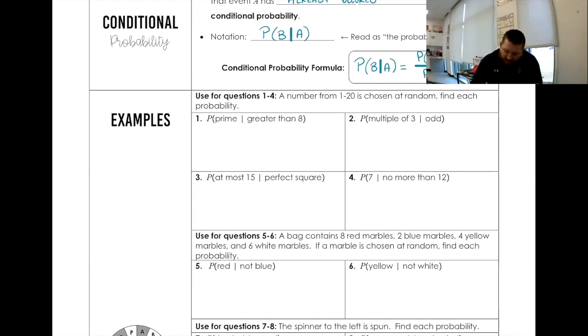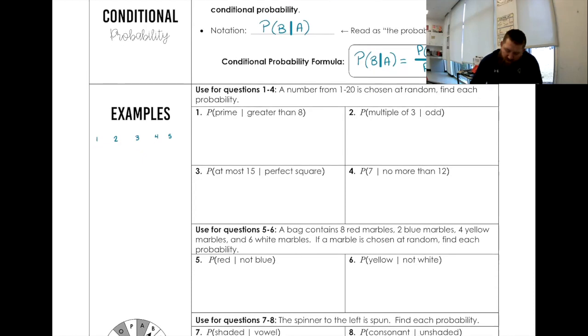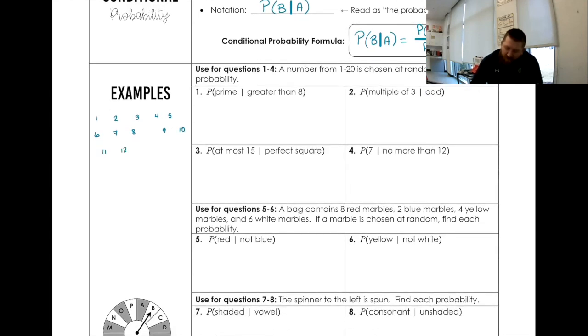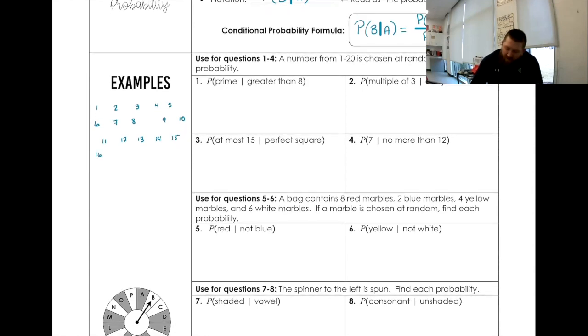Let's go over here to the side and write out all our numbers, 1 through 20. I'll try to stack them up nice and neat, but it looks like I've already lost my line integrity, and that's okay. Just make them happy trees, Bob Ross style.